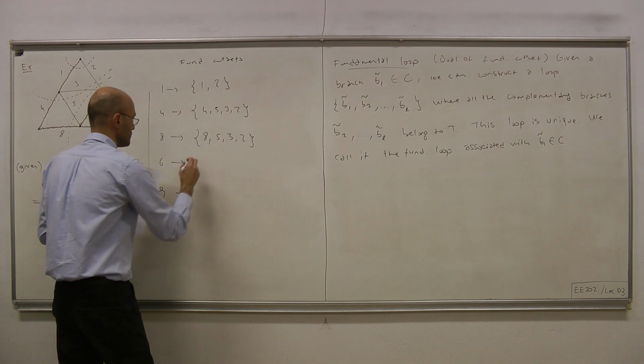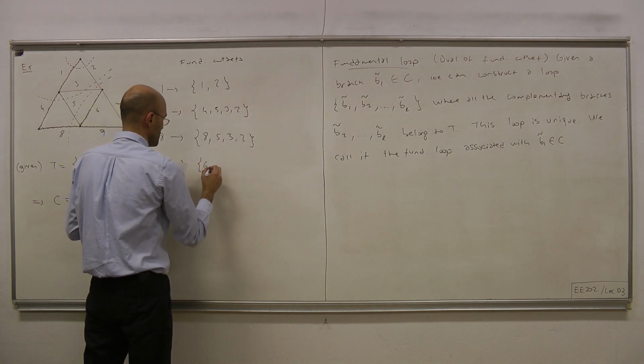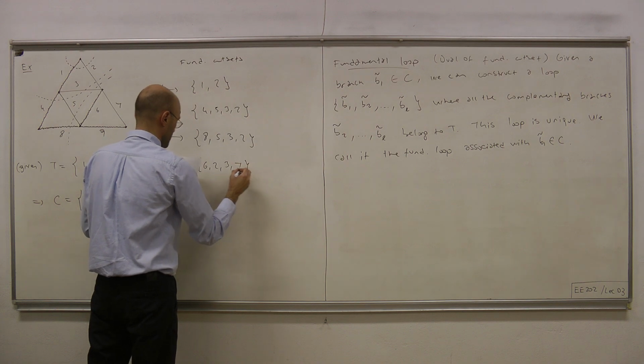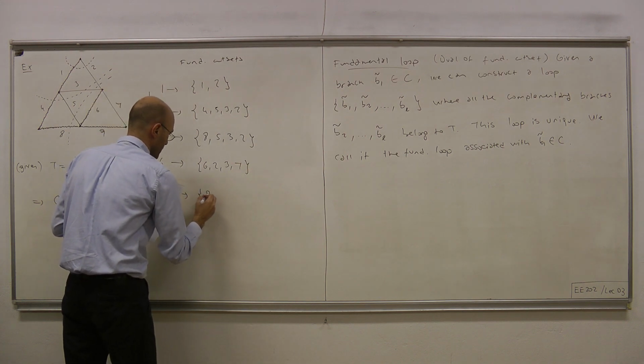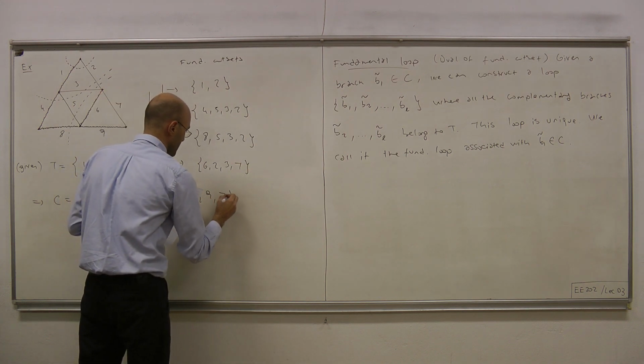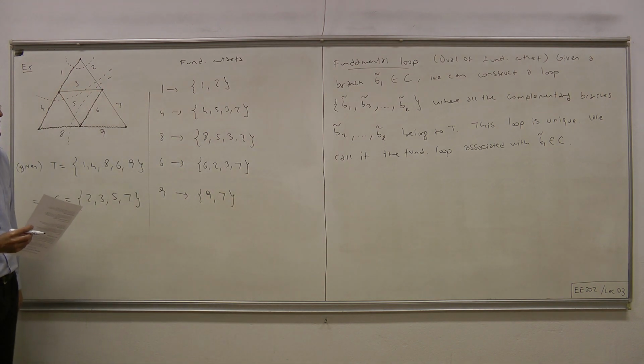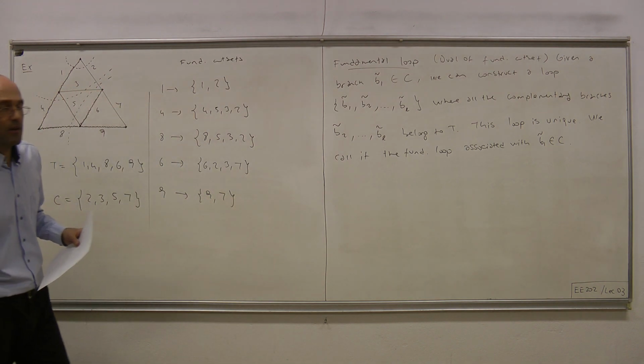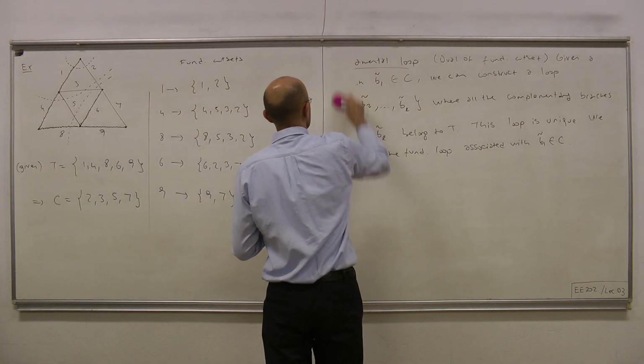And for 6 it is 6, 2, 3, 7, and finally for 9 we have 9 and 7. Okay, so that's quite easy. Let's also figure out the fundamental loops.